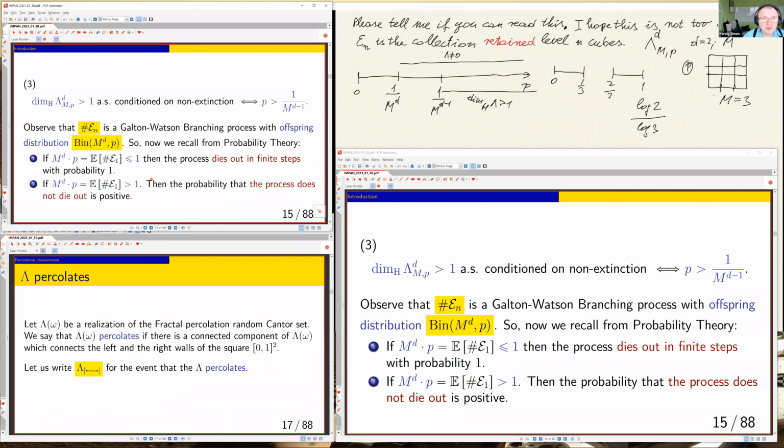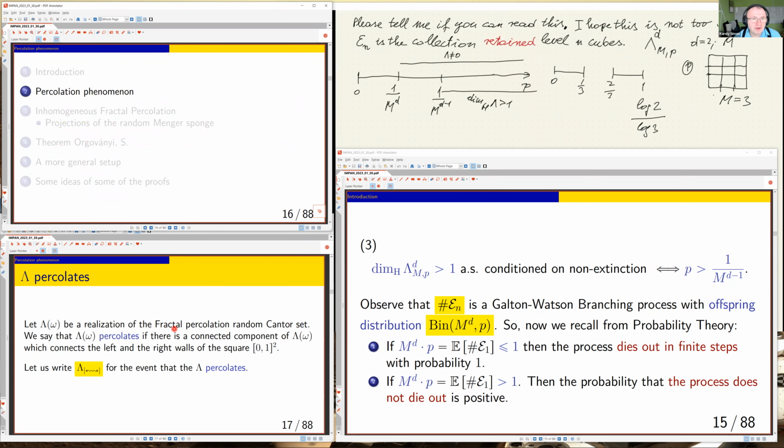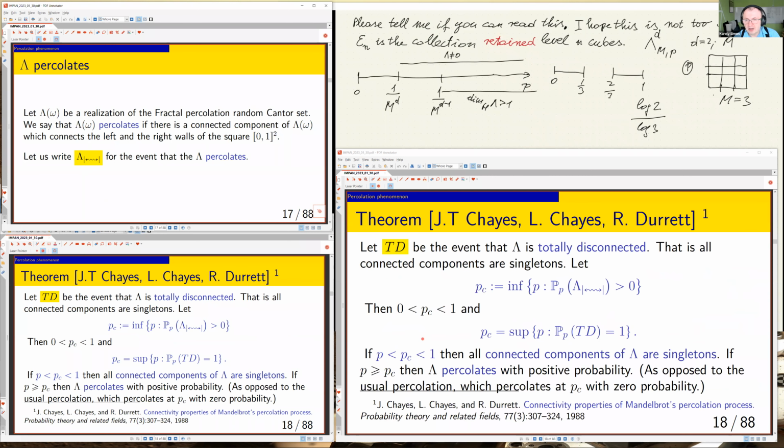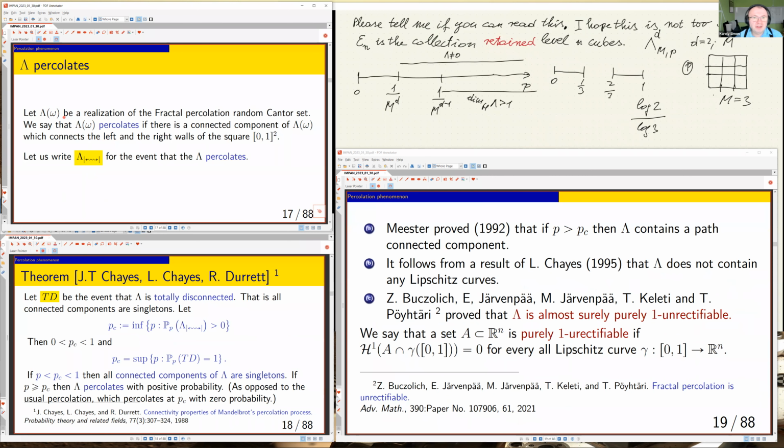Now we talk about the percolation phenomenon. So what does it mean, percolation? We say that this lambda percolates if, for example, we have this square. I draw a square again. This is supposed to be the unit square.